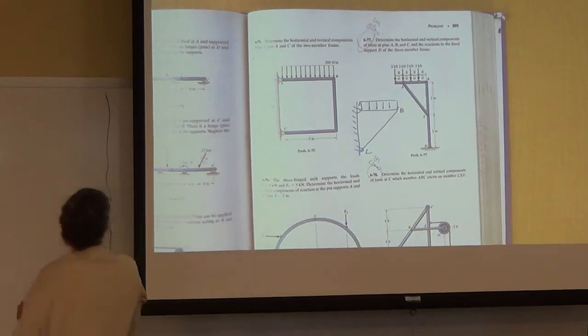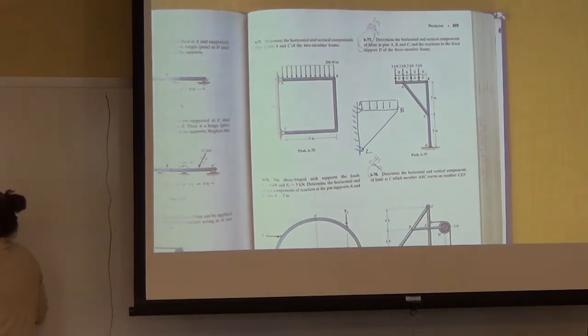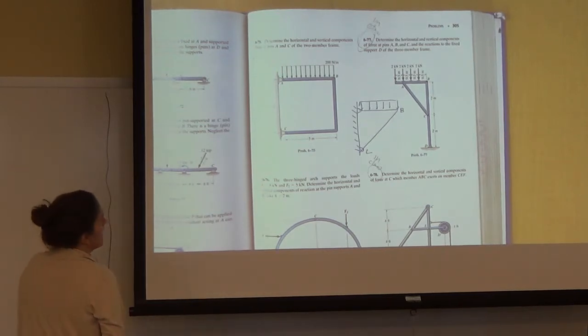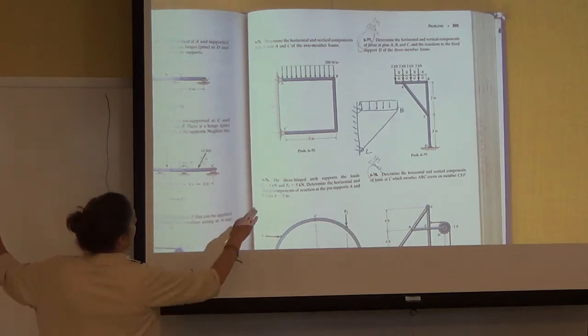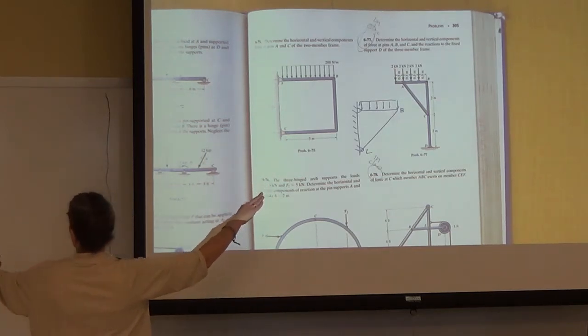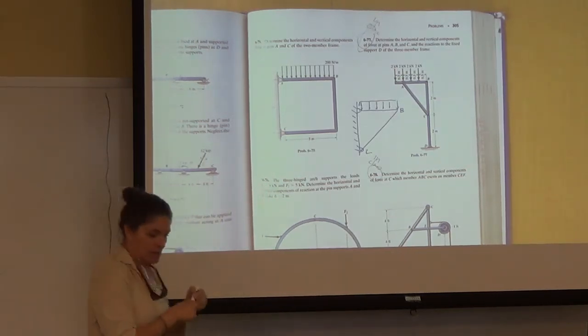What would you draw on your free body diagram? Just that, the horizontal member. Okay, and AC. And you would draw AC separate or together? Together. Okay, so here is AC. And so what would I have? What would be on my free body diagram for this, everybody?